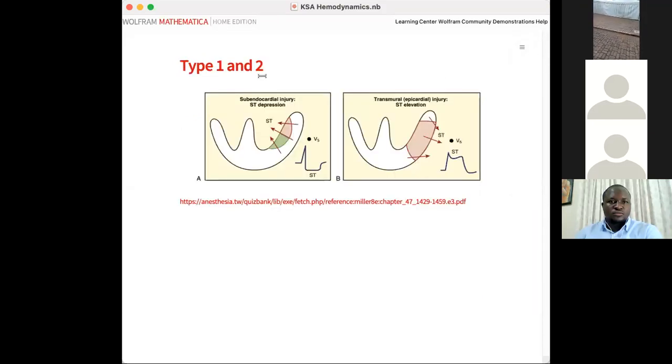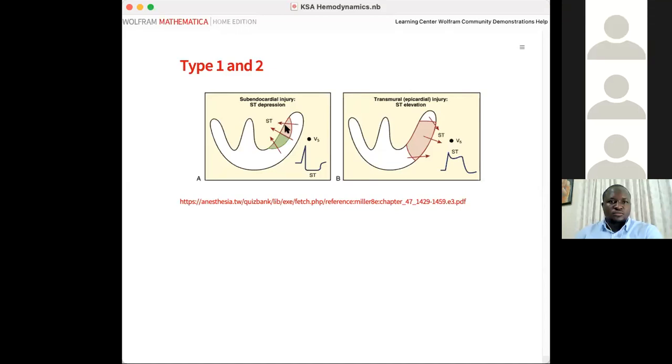So what's the difference between a type 1 and type 2 MI? Of course, type 2 MI, basically, when you look at the supply of blood to your myocardium, the inner parts may benefit from diffusion of the materials from the cavity. The outer part strongly depends on the coronaries. Okay, so when you have reduced perfusion, global perfusion, the inner parts of your myocardium may get ischemic.